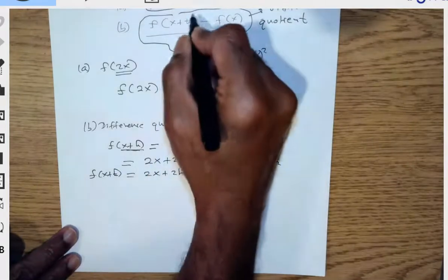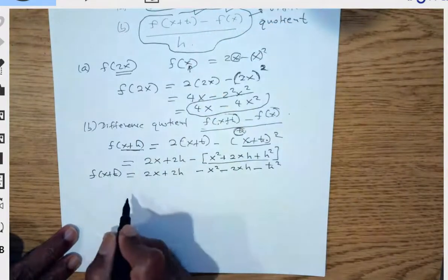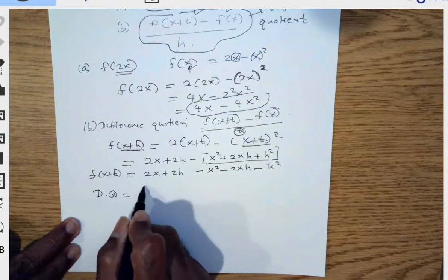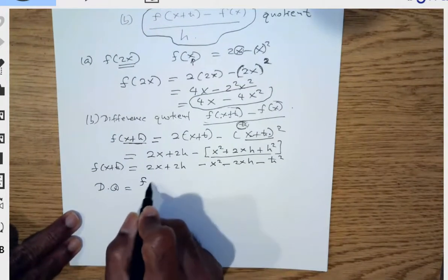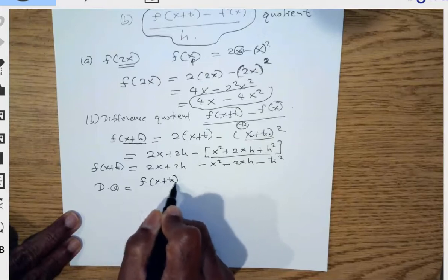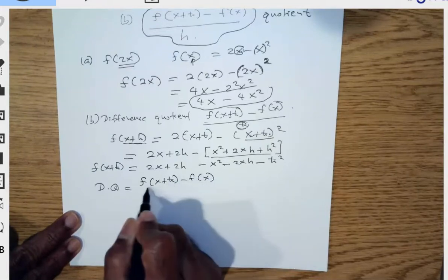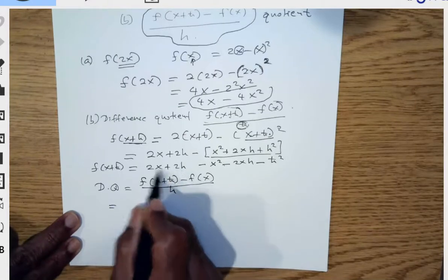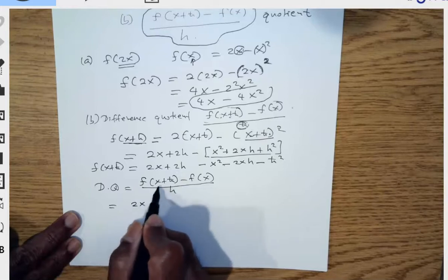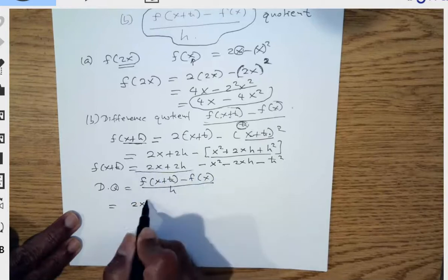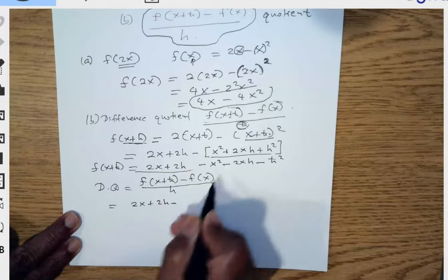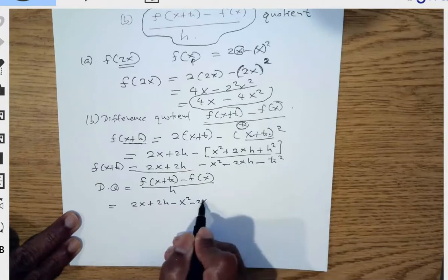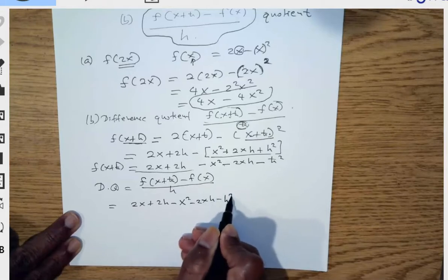Now we already know f of x, so we are ready to find the difference quotient. The difference quotient is, once again, f of x plus h minus f of x, over h. Let's slowly write those things down. So 2x plus 2h minus x squared minus 2xh minus h squared, minus f of x.